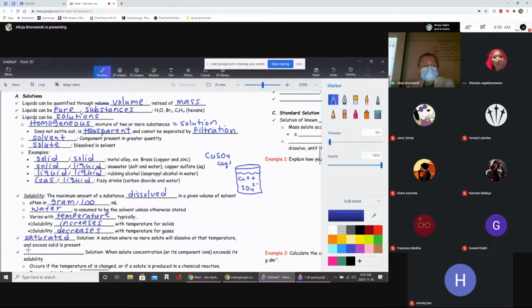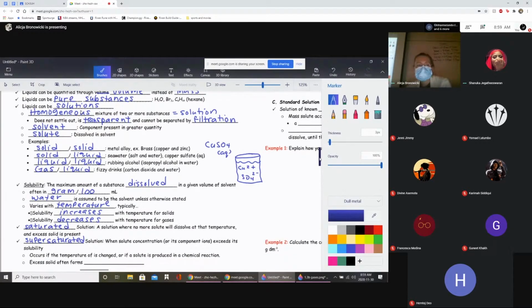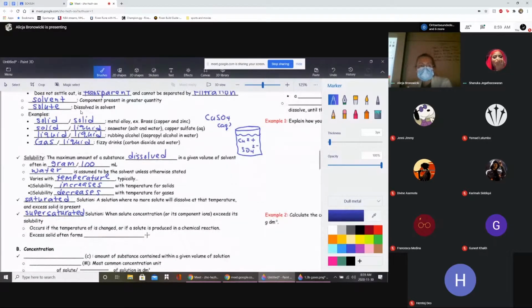Okay, a supersaturated solution, that's when the solute concentration or its component ions exceeds its solubility. Okay, so it occurs if the temperature is changed or if a solute is produced in a chemical reaction. So the excess solid often forms a precipitate.